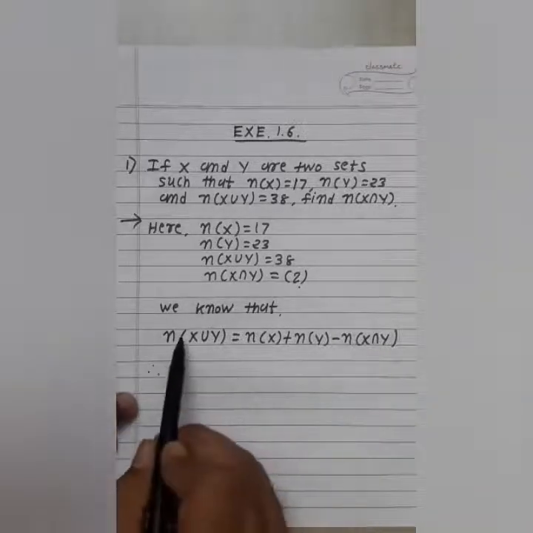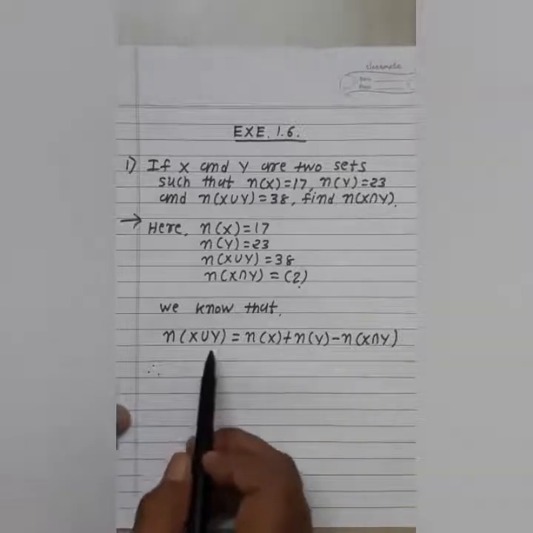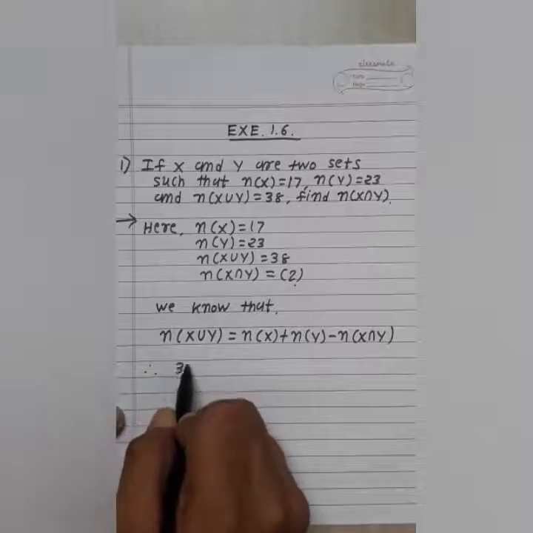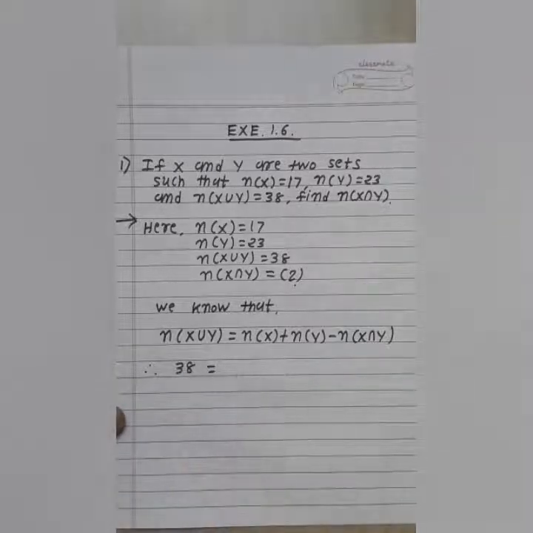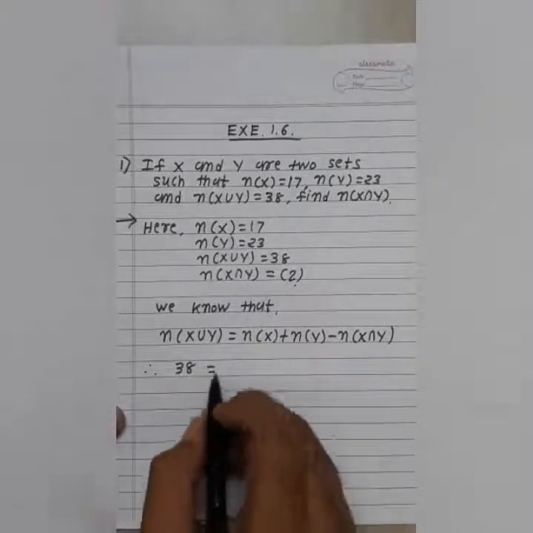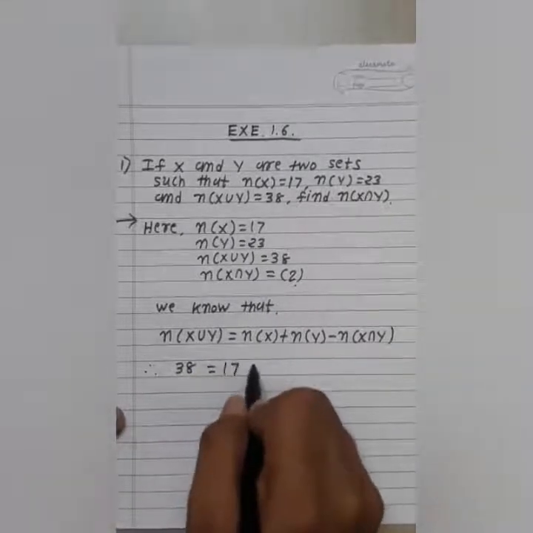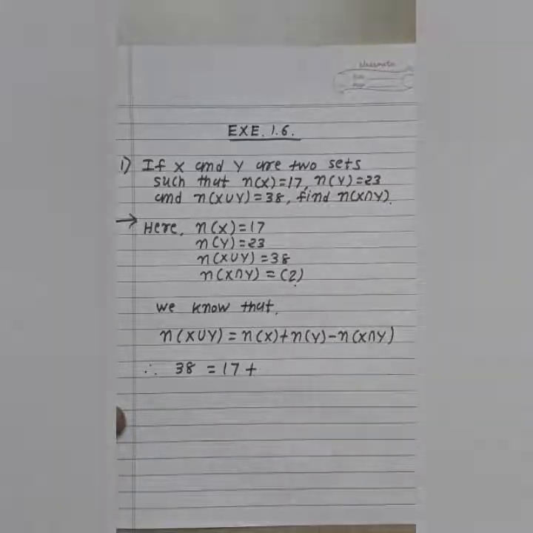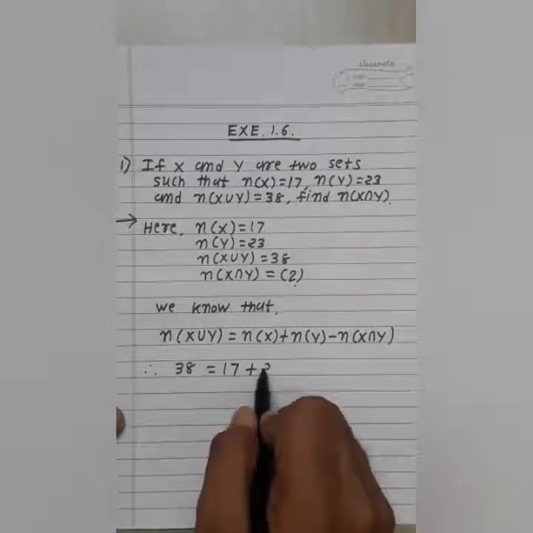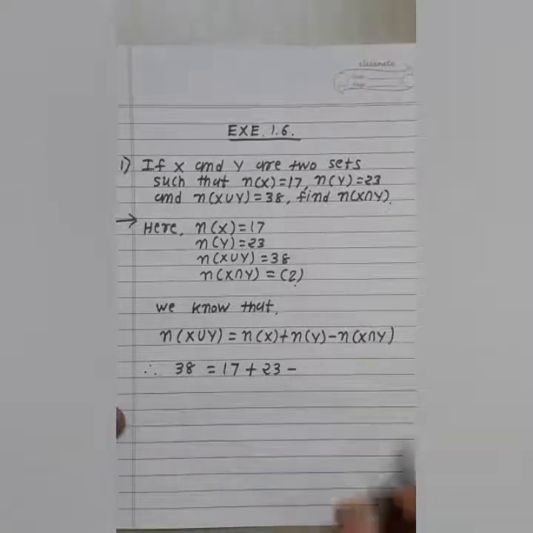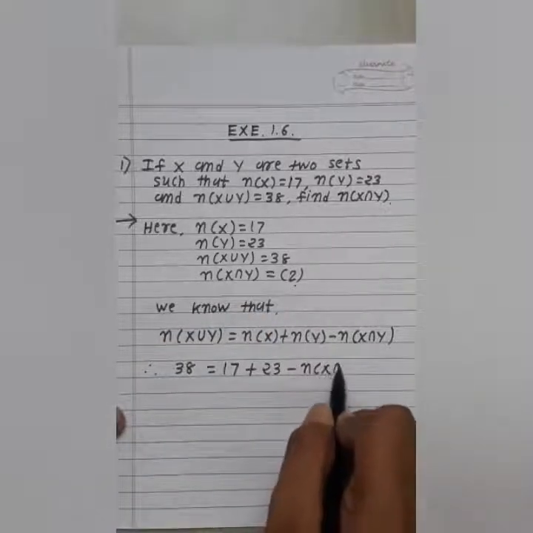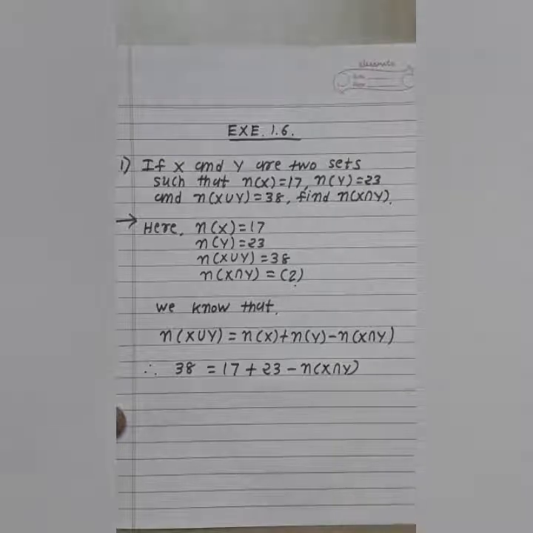Therefore, in place of n of x union y we write 38, is equal to n of x, whose value 17 is given, plus n of y, in place of which we write 23, minus n of x intersection y, which is our question. This data is not given.